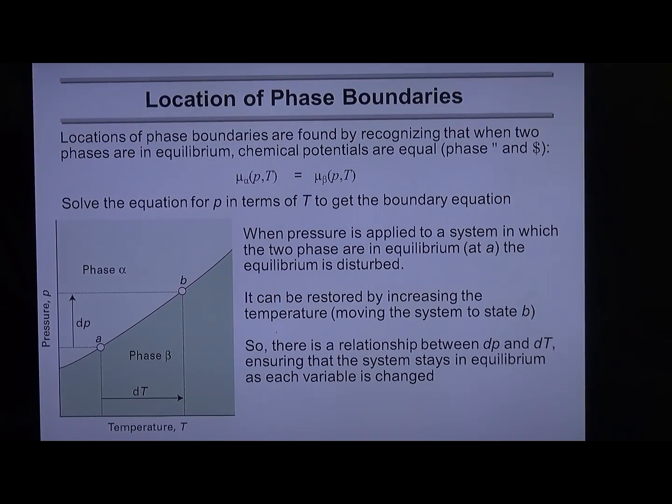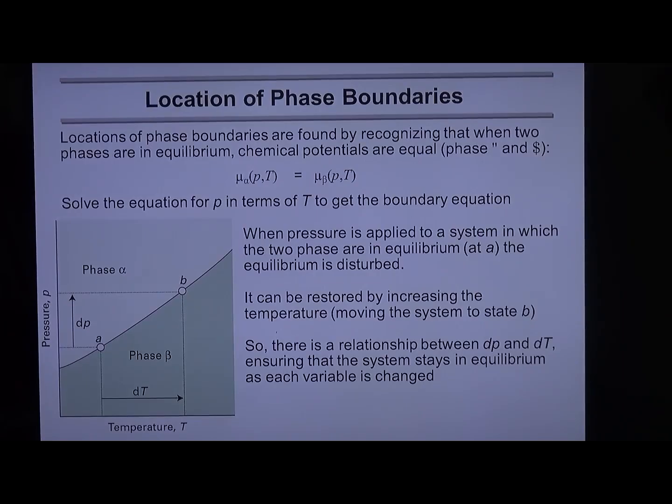Equilibrium phase boundaries. Okay. We have seen a representative phase diagram before, right? And how can we draw that kind of diagram? Would it be very difficult, or would it be easy?